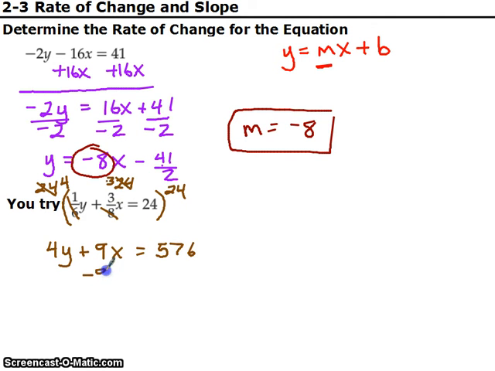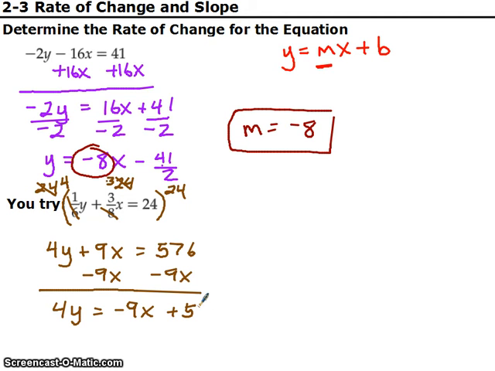All right, move that 9x over to the other side. And you get 4y equals negative 9x plus 576. And then last step is to divide by 4.